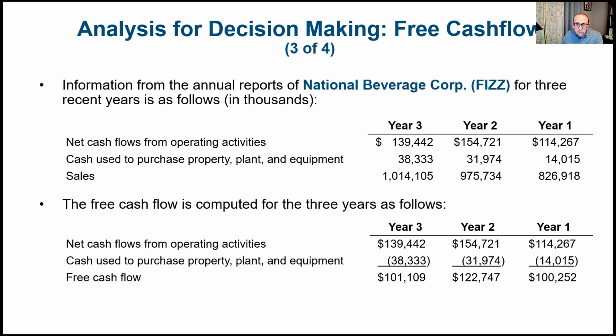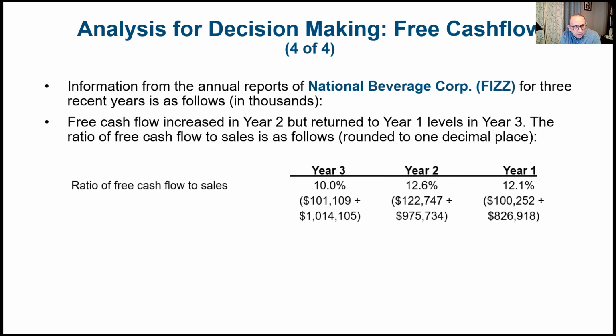Here we have an example for the National Beverage Corporation, coming from their annual report for the most recent 3 years. You can see that free cash flow increased in year 2, but returned to the year 1 level in year 3. See here the 10%, 12.1, 12.6, and 10%.